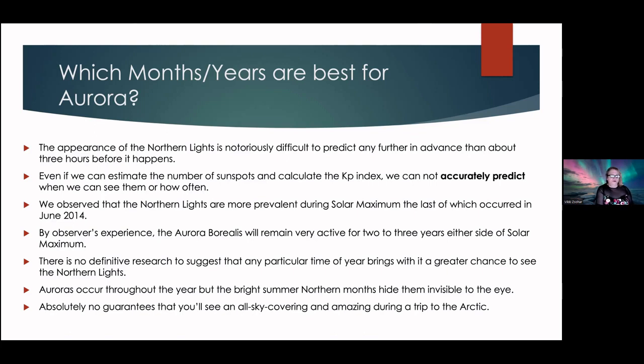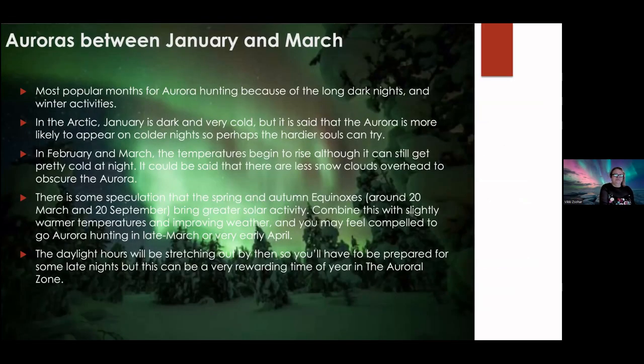It can occur throughout the year, but during the summer, of course, it's more invisible to the eye because of the sun. So this is also a misconception that aurora is only during the winter. No, it also appears during the summer, daytime, we just can't really see it.